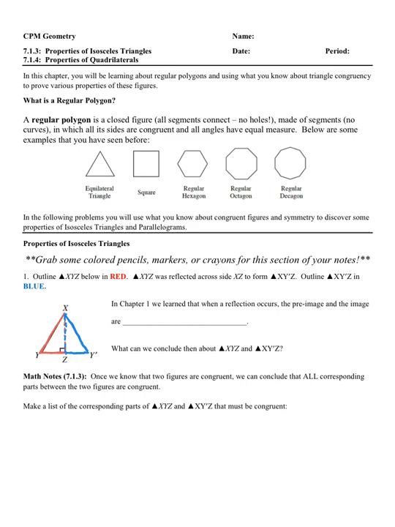So what happened is the red triangle reflected over the dashed line in the center, XZ, to form the blue triangle on the right. In Chapter 1, we learned that when a reflection occurs, the pre-image and the image are congruent to each other.